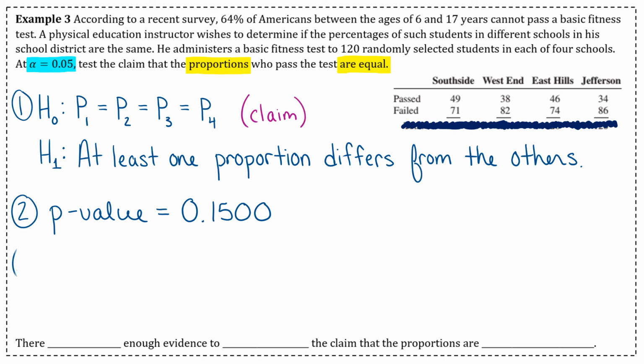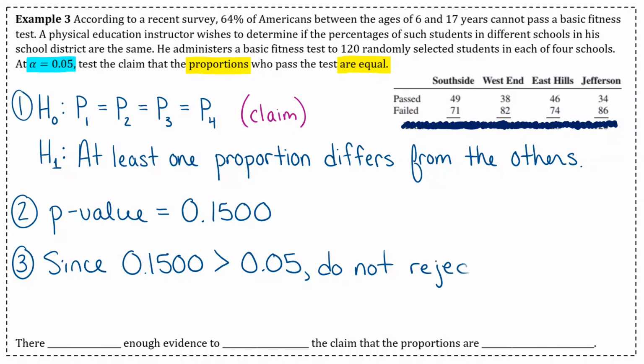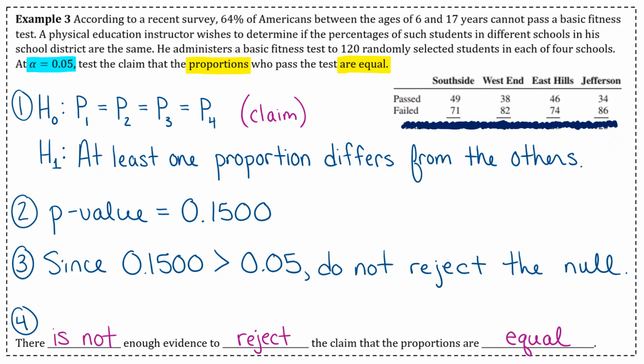And then we'll compare that with alpha for step 3. So since 0.1500 is greater than 0.05, we do not reject the null hypothesis, which means for our summary statement, we'll say that there is not enough evidence to reject the claim that the proportions are equal.